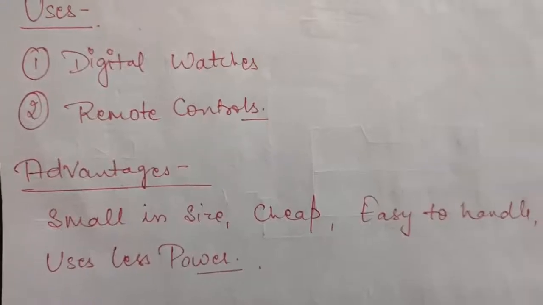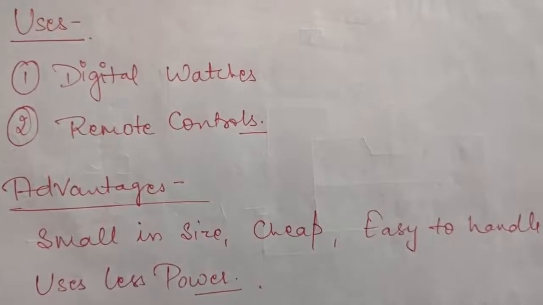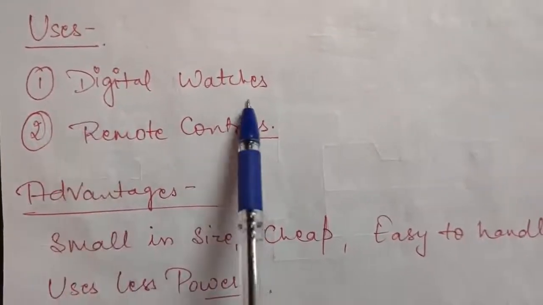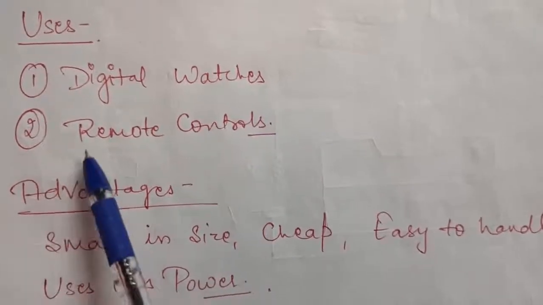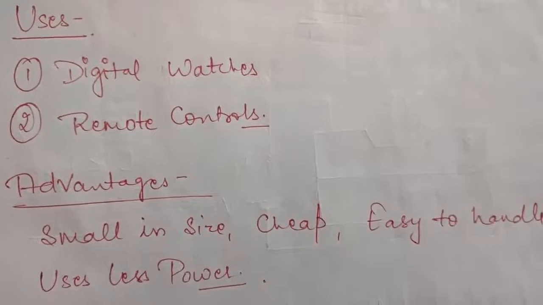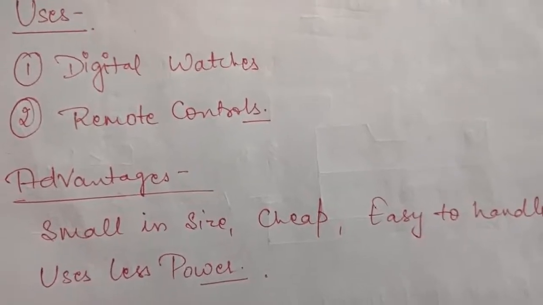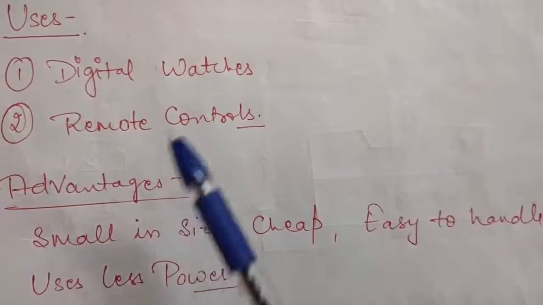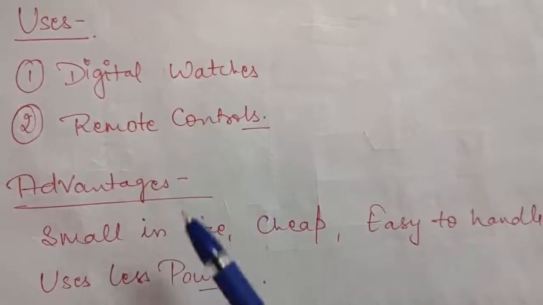Now if we talk about the uses and advantages of LEDs, as all of you know, in digital watches LEDs are used, and in remote controls also LEDs are used. All of you must have seen a small light in front of the remote control which helps to make a connection with your TV. Okay, so in digital watches and remote controls LEDs are used.